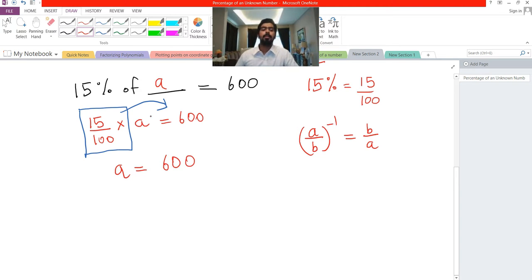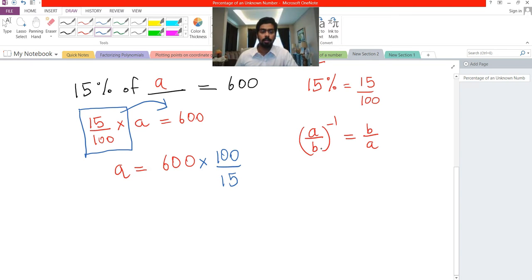All right, now here's the thing. So when we transpose this to the right hand side, what we do is we still write it as multiplication, but we swap the numerator and the denominator. So when it goes to the right hand side, we multiply it by 100 and divide it by 15.